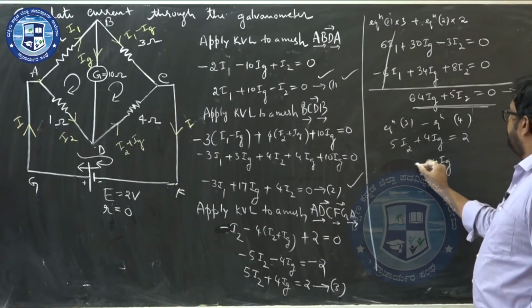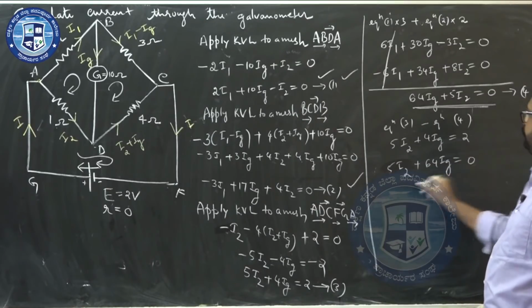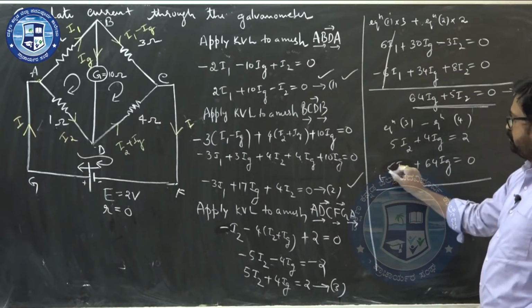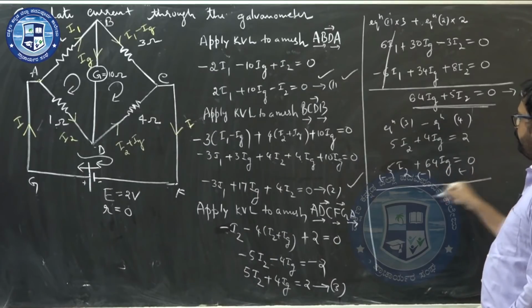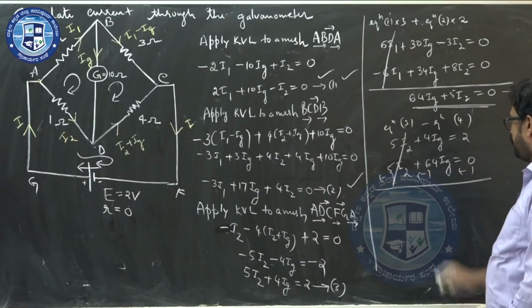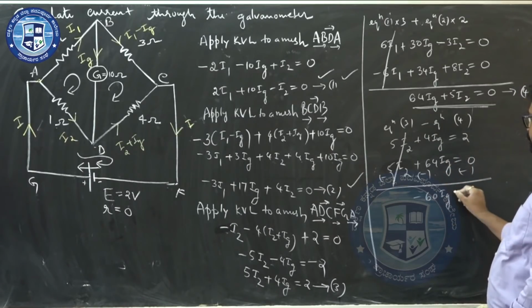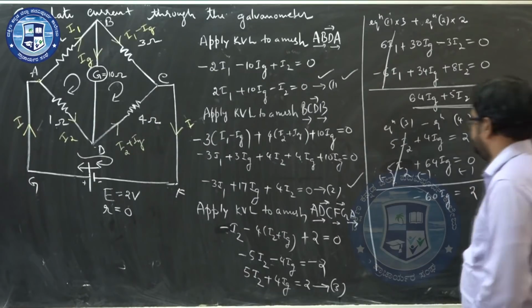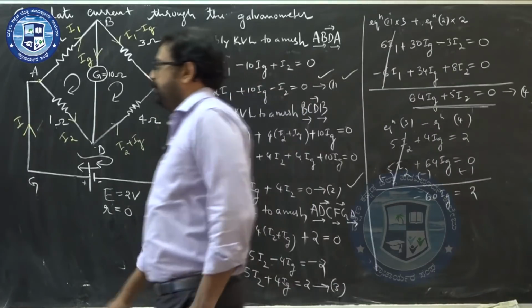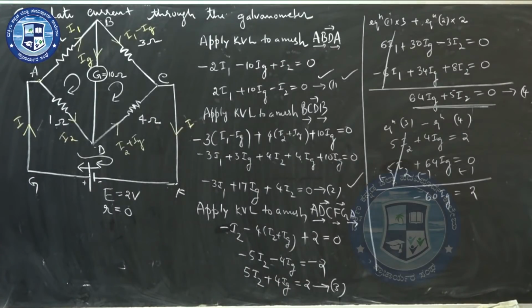And plus 5I2 is equal to 0. I have to subtract, no? I have to change the sign. I think you are able to follow. Can I cancel this 5I2? If I cancel that 5I2, you are left with minus 60Ig, correct, is equal to 2. I hope you followed this.